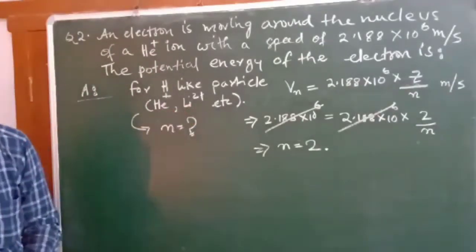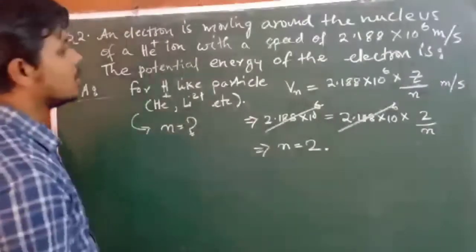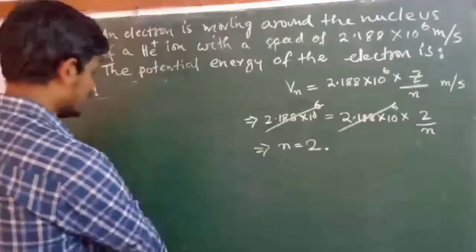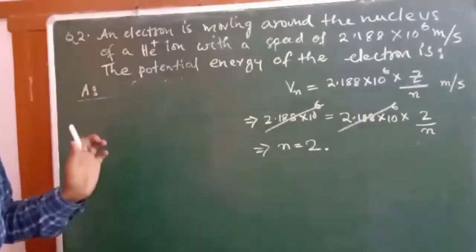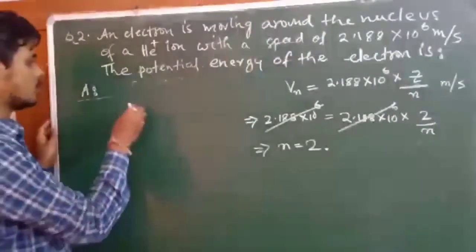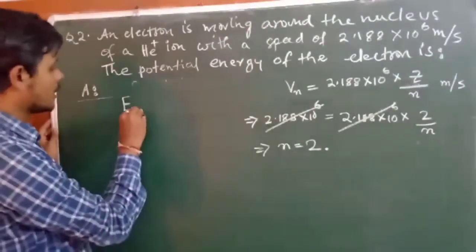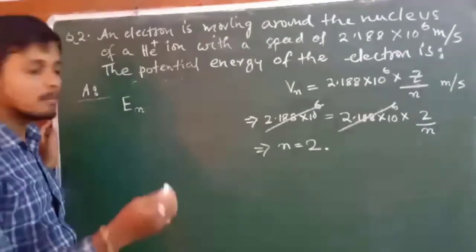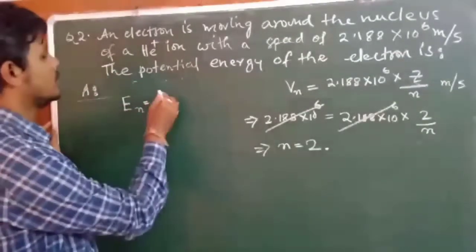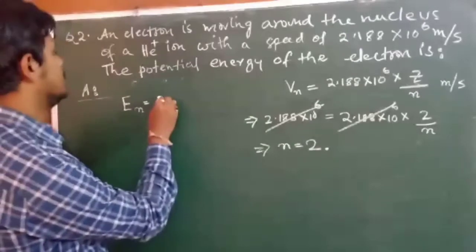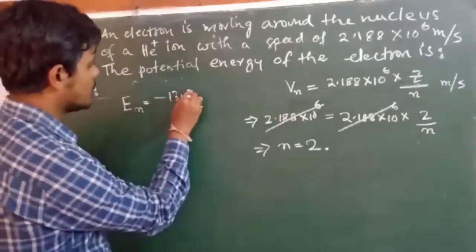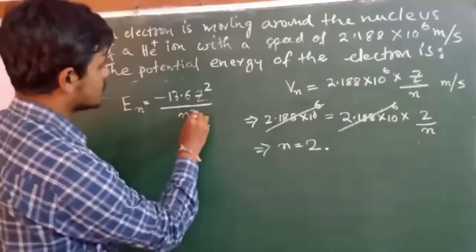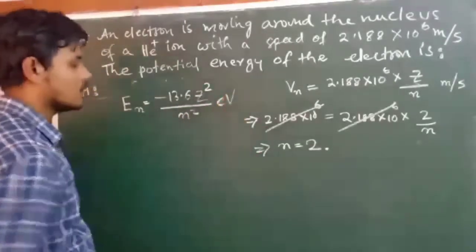Then we have to find the potential energy of the electron. So first we have to find the total energy of the electron. The total energy of the electron in the nth orbit of a hydrogen-like particle is given by -13.6 × Z²/n² electron volt.